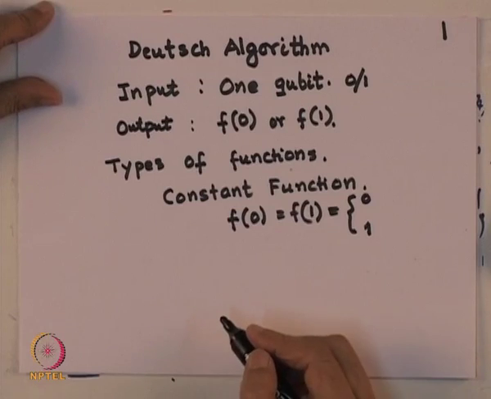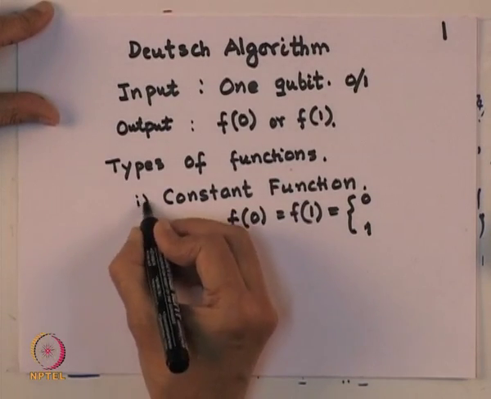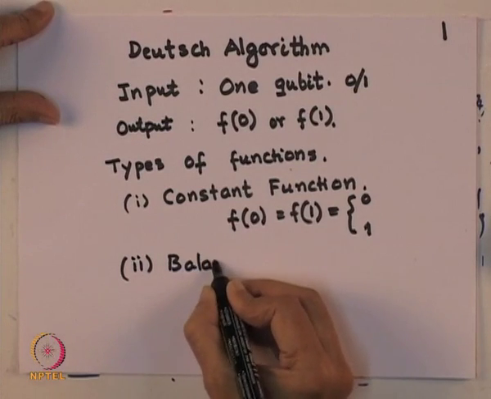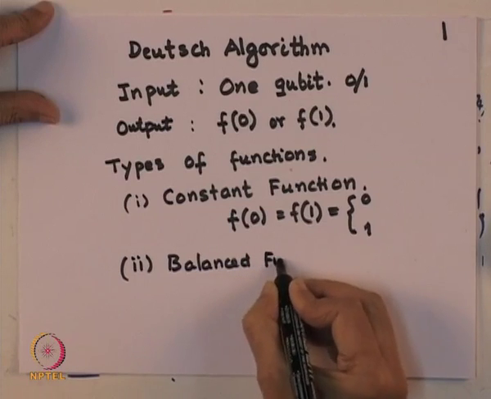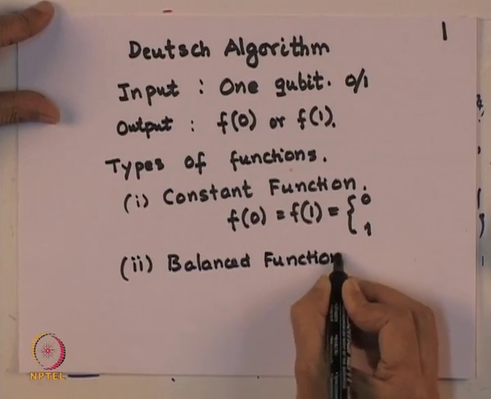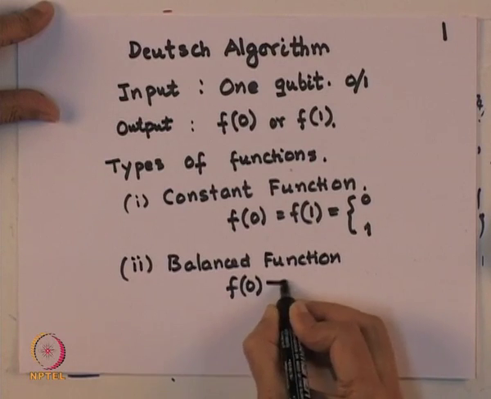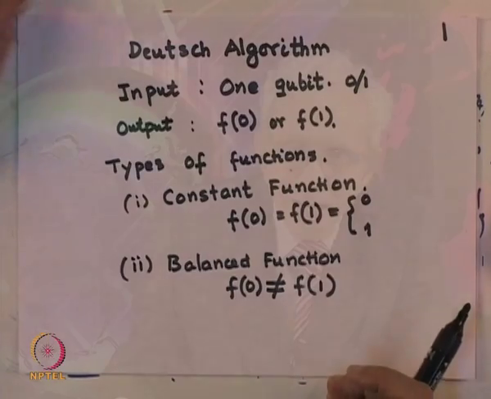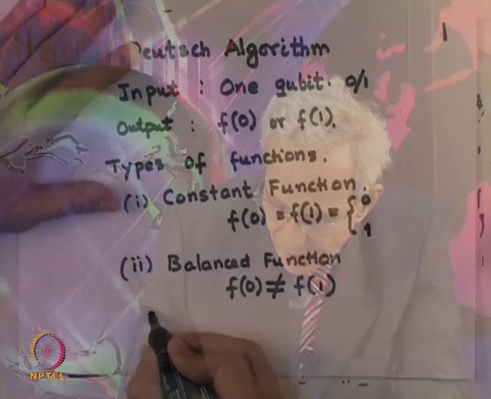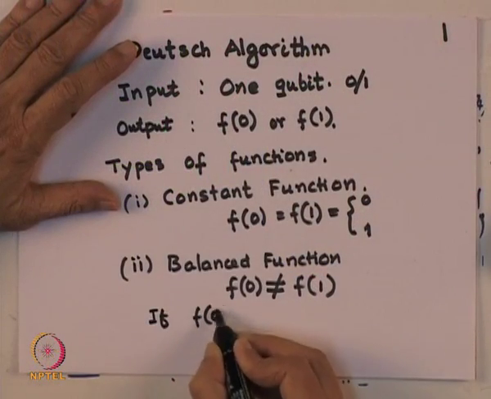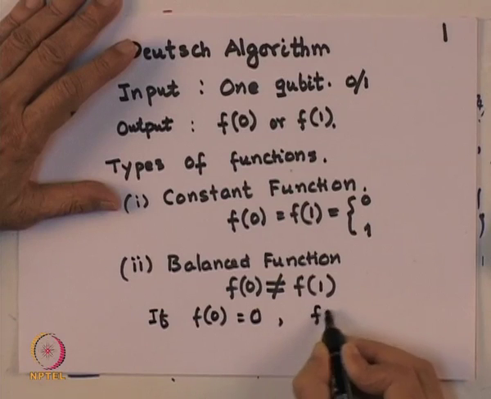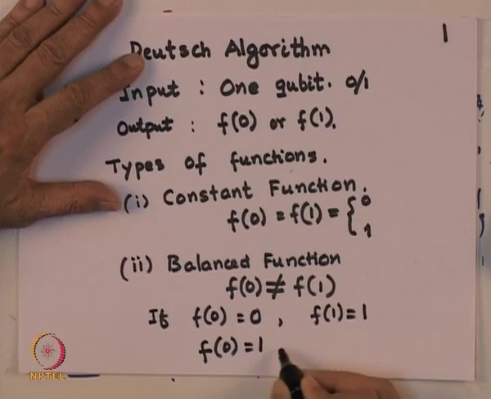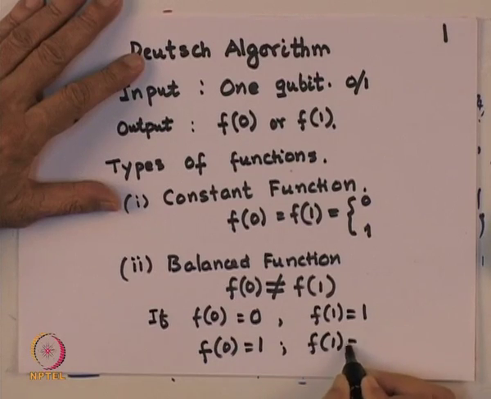So this will be called a constant function. A second type of function will be called a balanced function, where f0 is not equal to f1. But since our values can be either 0 or 1, it implies if f0 is equal to 0, then f1 will be equal to 1, and if f0 is equal to 1, then f1 will be equal to 0.